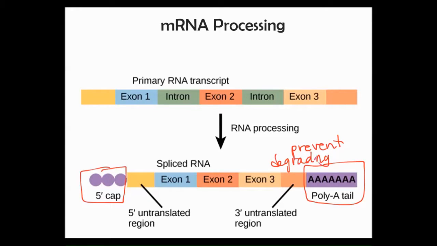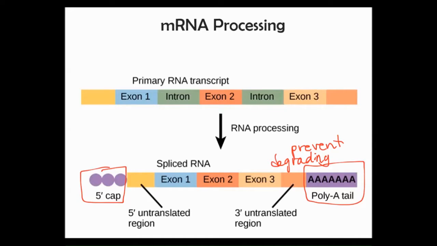Remember, our messenger RNA is going to be leaving the nucleus and making its way through a nuclear pore and going all the way to a ribosome. We don't want any of the information in our exons or any part of our spliced RNA to get damaged. We don't want to shear off any important nucleotides that are there. So this is going to act like some protection to make sure that we contain and keep all of our messenger RNA together.